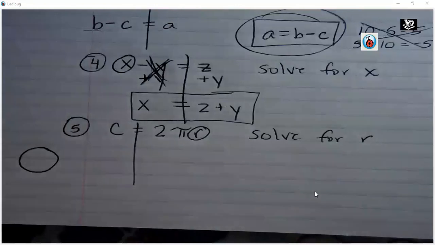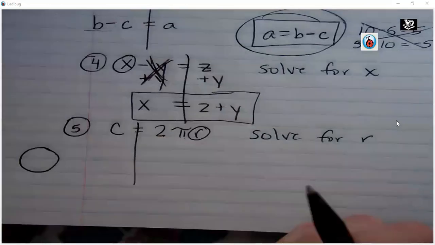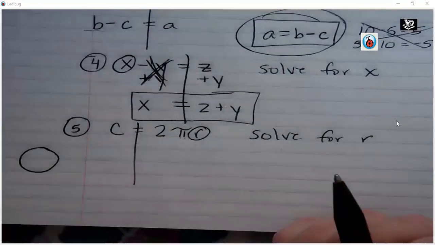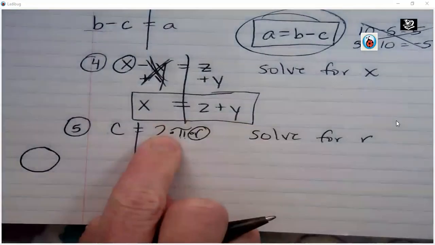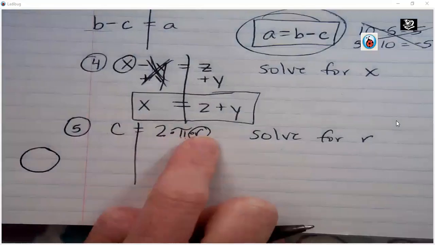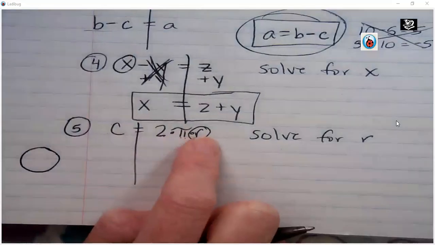All right, Caleb, can you help them out? Anybody, what are the 2, the pi, and the R doing right now? Multiplying, good, Daniel. This is 2 times pi times R. When there's no symbols, it means they're multiplying, okay?